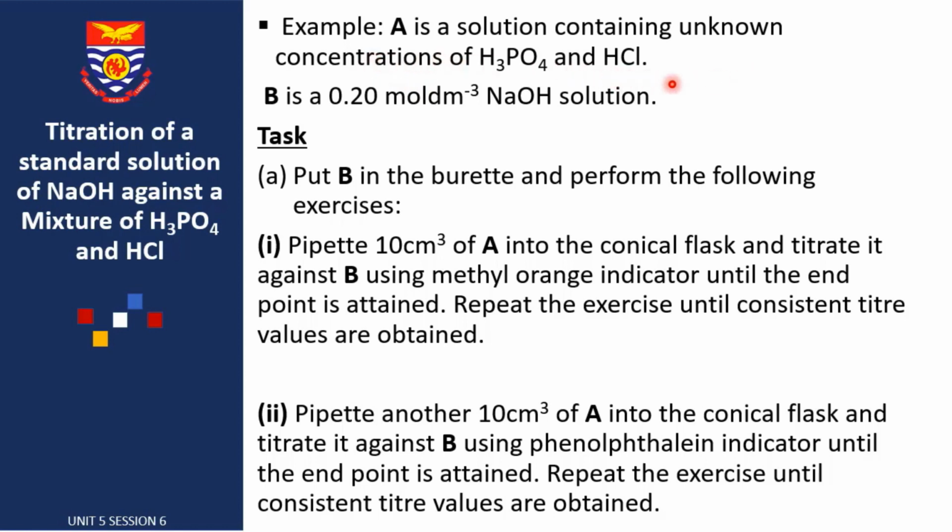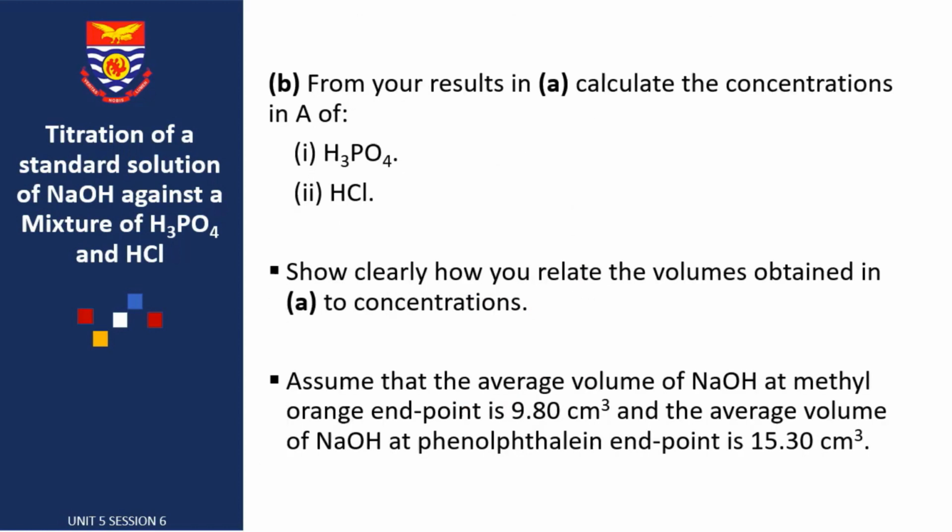A is a solution containing unknown concentrations of phosphoric acid and hydrochloric acid, and B is 0.2 moles per dm cubed sodium hydroxide. So we have to perform this discontinuous titration, and from the data we have to calculate the concentrations of phosphoric acid and hydrochloric acid.